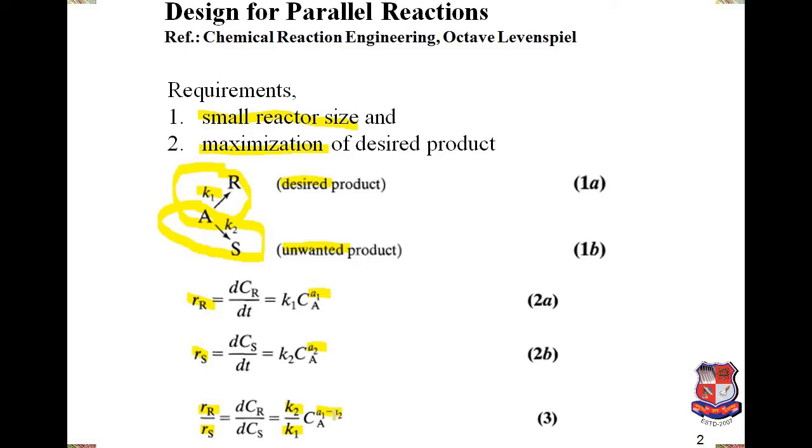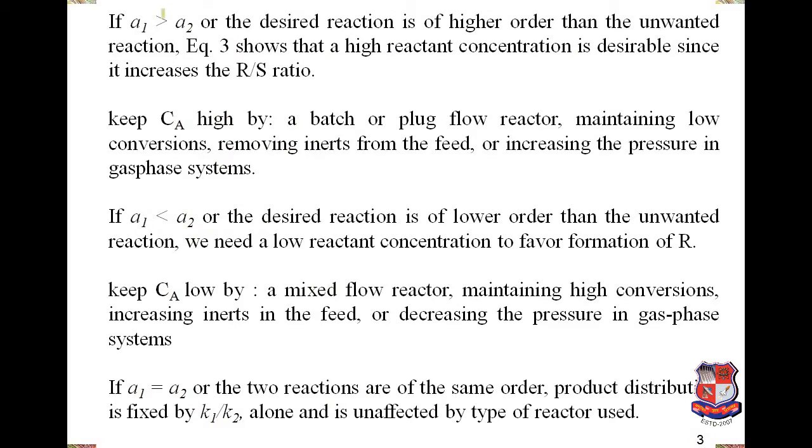Now, to choose a suitable reactor and decide the concentration range, the value of a1 minus a2 is very significant. According to that, the selection of the reactor comes into the picture. If a1 is greater than a2, where the desired product formation order is greater than the undesired product formation order, then the rate equation shows that high reactant concentration is desirable.